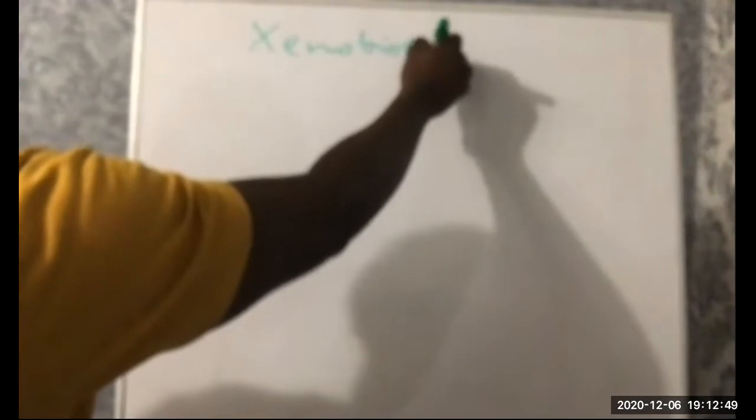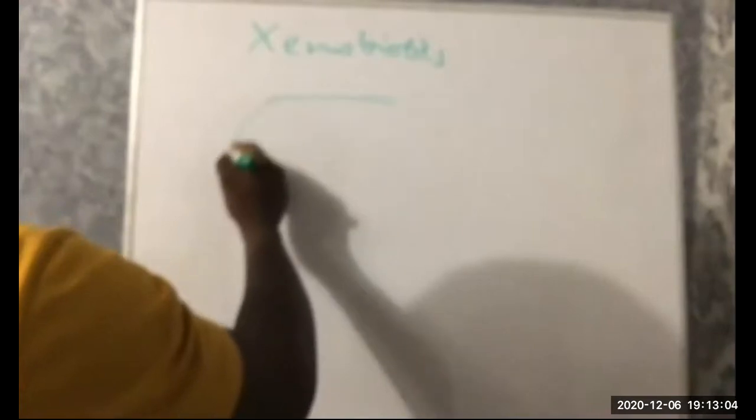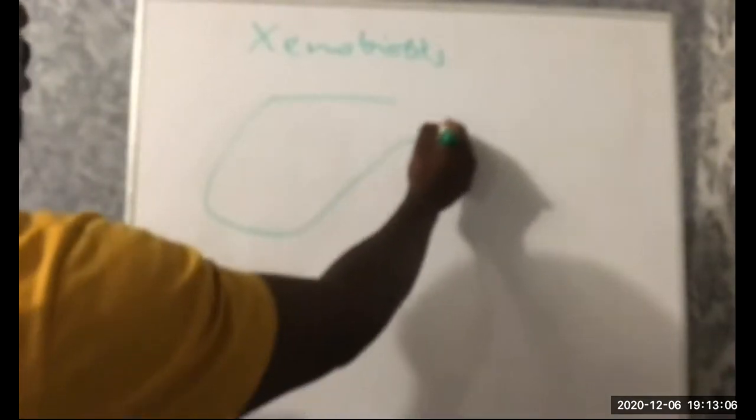Now, if you ingest any foreign substance which can be toxic in nature, we call those substances xenobiotics, right? Xenobiotics. So if you've taken a drug, or some food which contains some chemicals, those substances are all xenobiotics, right?